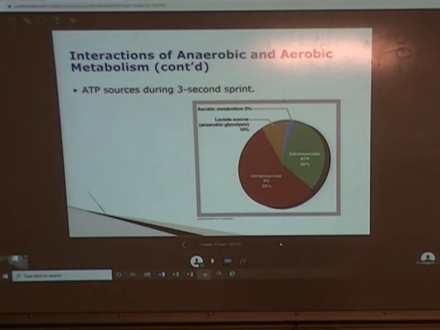Oh, and that diagram is from the textbook. I think it's from your textbook. And I think it's quite an interesting makeup. So if this was a 3-second sprint, I don't know why you'd be doing a 3-second sprint. Not quite sure what you would use that for, but let's start with our ATP. Our stored ATP produces 32% of the energy.